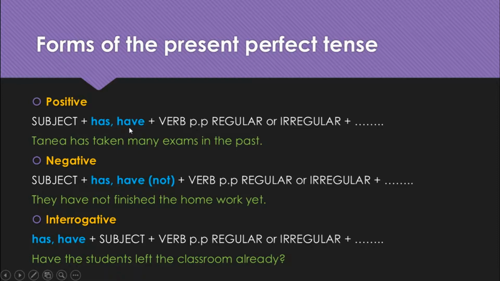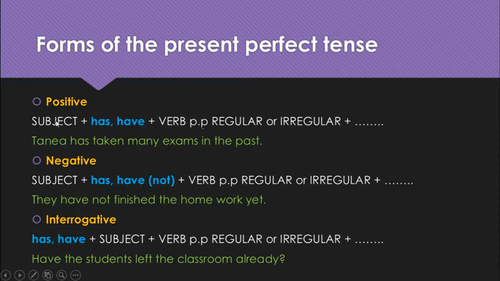Plus we have either has or have. We have has with she, he, and it, or the names we have with them. Then we have a verb. The verb is past participle form, right? Just as it was in the past simple. It's either regular or irregular. Then we have the rest of the sentence, right?